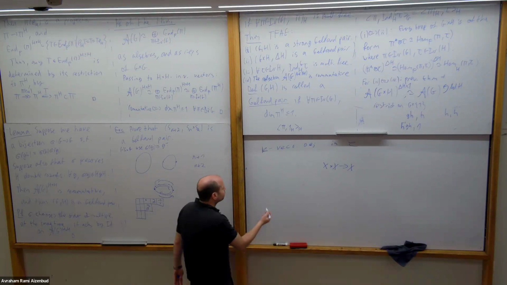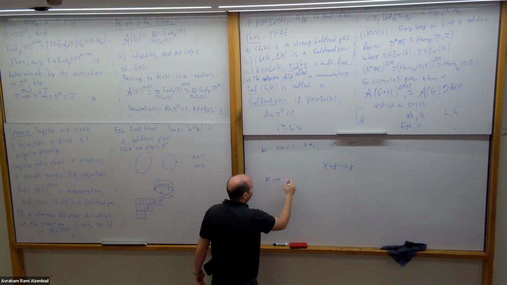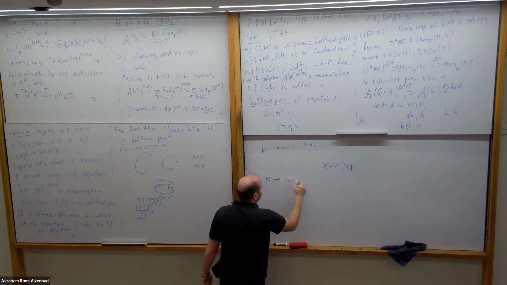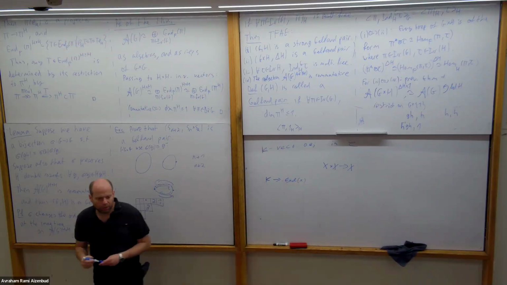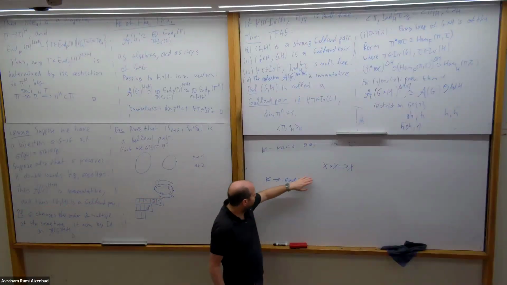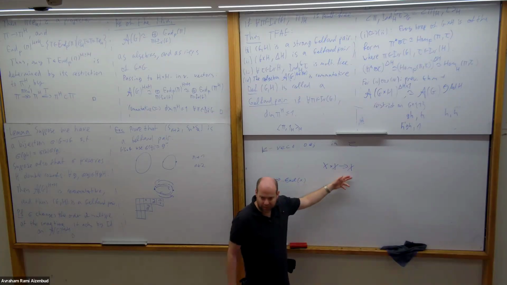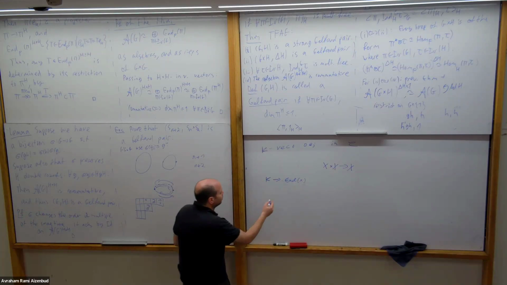What does it mean? So basically a map from K to the endomorphisms of X, and the action should respect the additive, the abelian group structure on X. And so what does it mean?